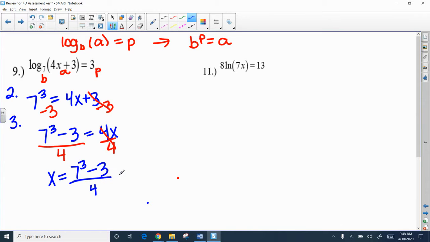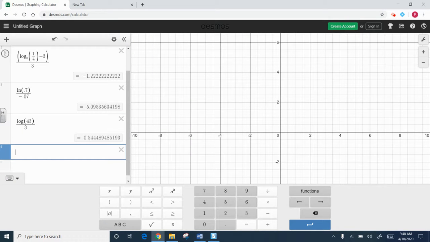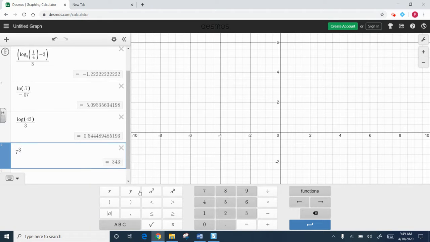Now 7 to the third power is a whole number, so we do want to give our answer. Again, you can use Desmos or a different calculator. 7 to the third power is 343.